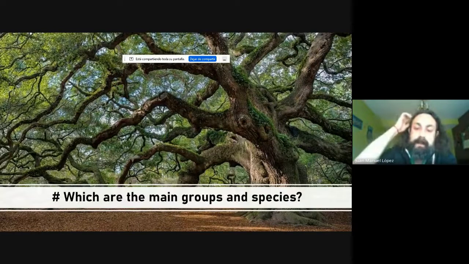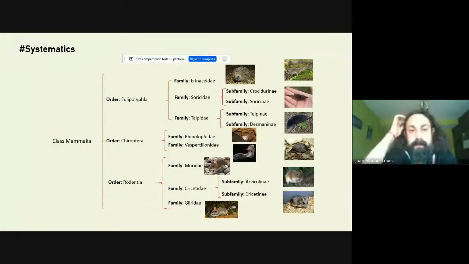Which are the main groups and species? In the class Mammalia, we separate three orders. Eulipotyphla, with three great families and subfamilies, where you can find Erinaceus, the small shrews, or moles.